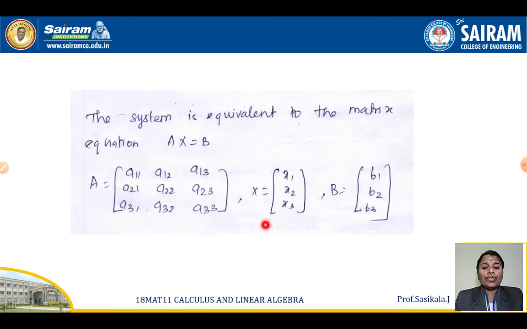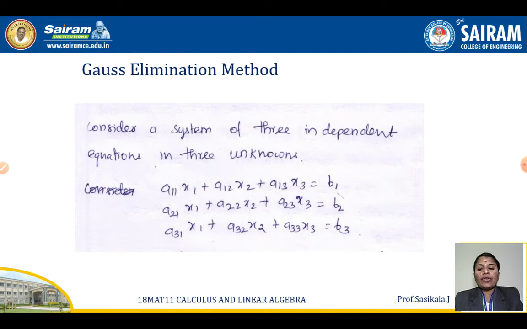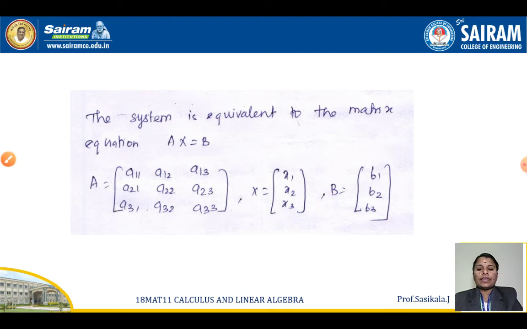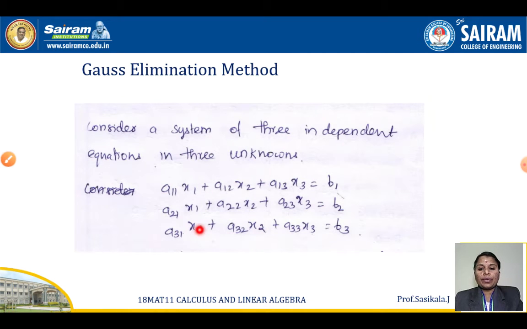The unknowns are X equals x1, x2, x3, and B is the right side term, b1, b2, b3. Now you can substitute all three in this format, that means A into X, the matrix multiplication, gives B. Exactly, you get these equations, isn't it?